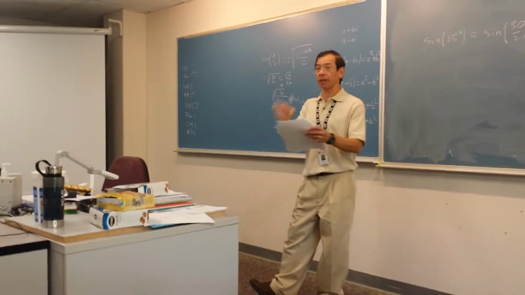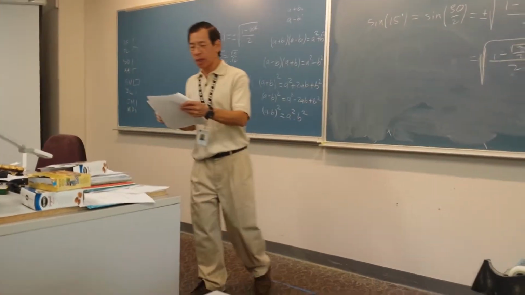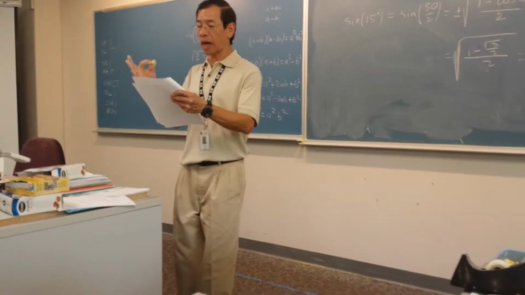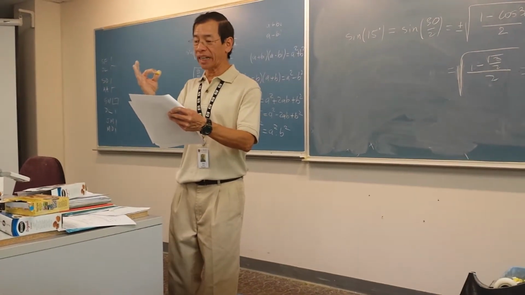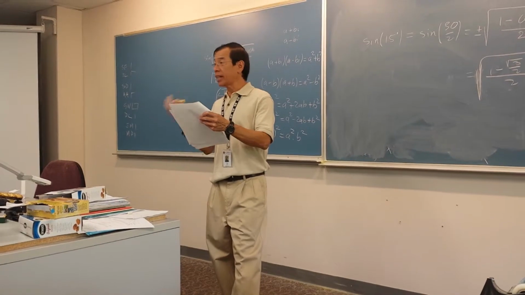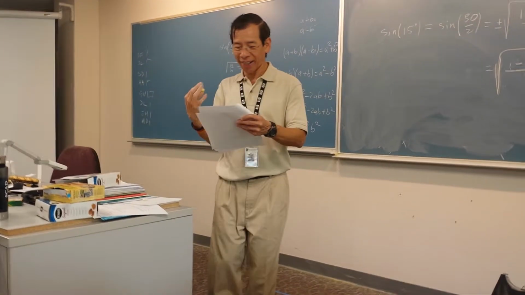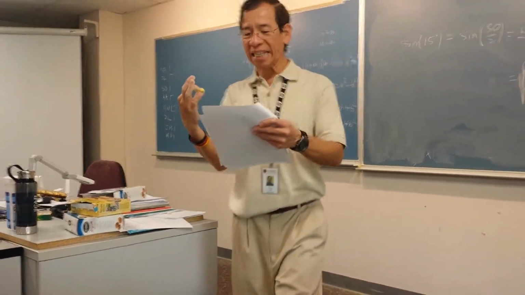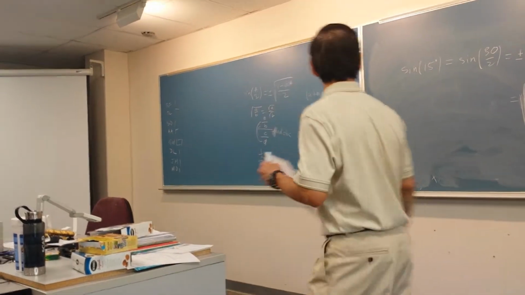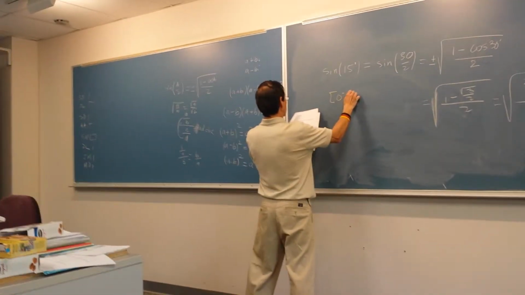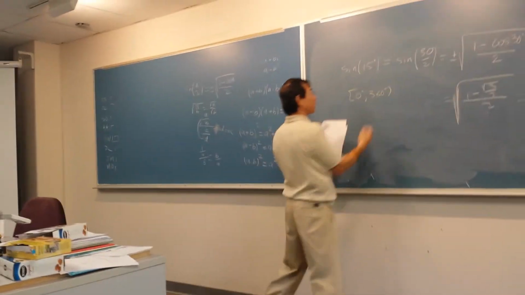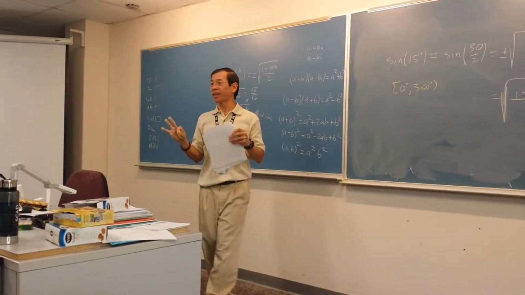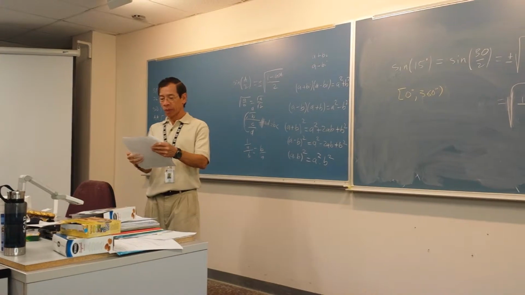Like what Gavin said earlier, the question here is: solve the equation analytically for the exact solution in the interval of 0 to 360 degrees. So now, no more radians, right? Degrees.